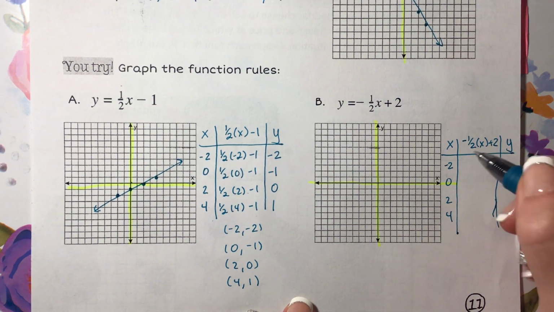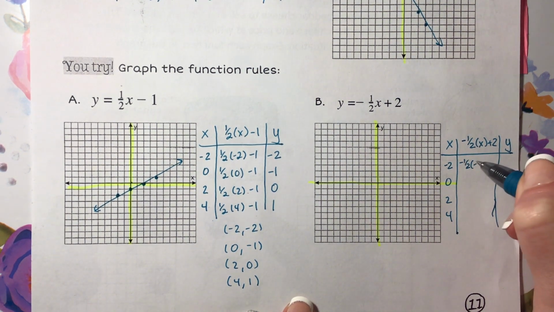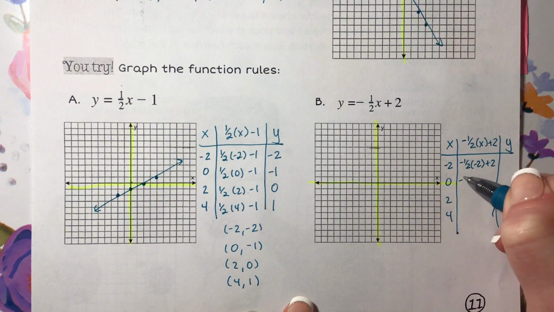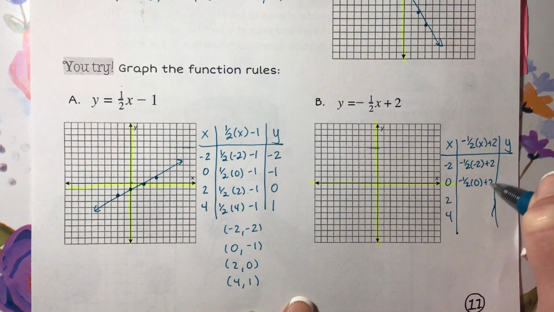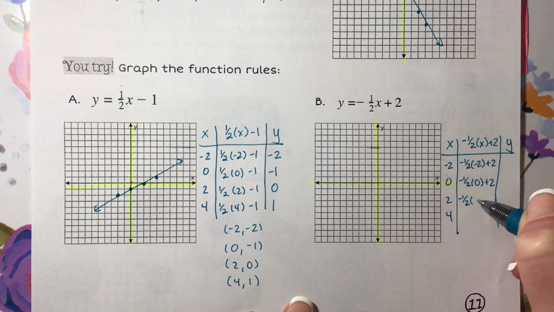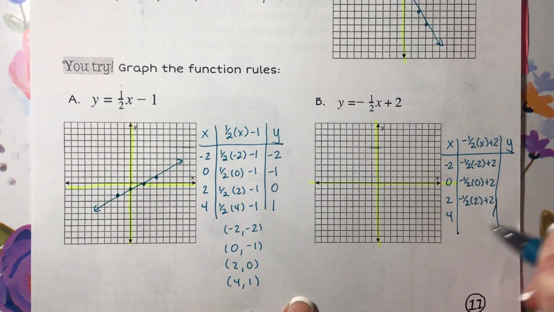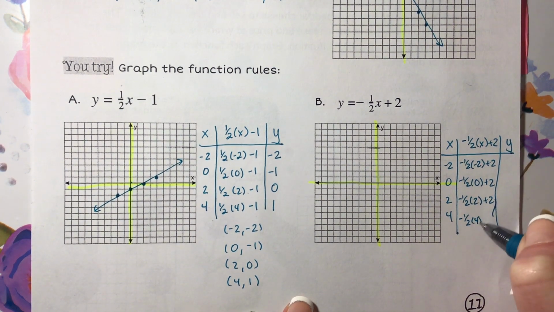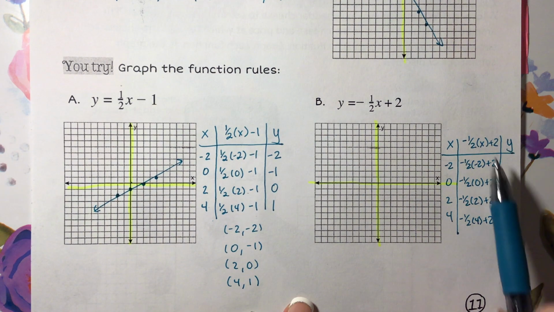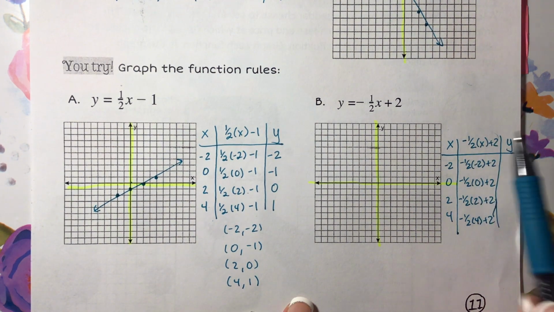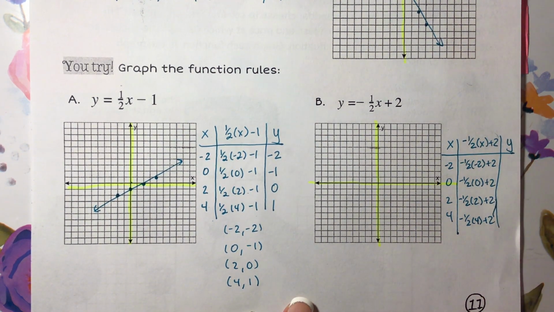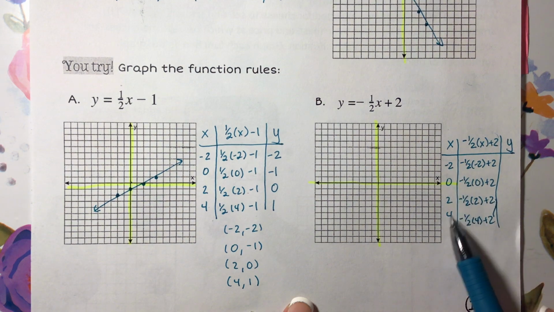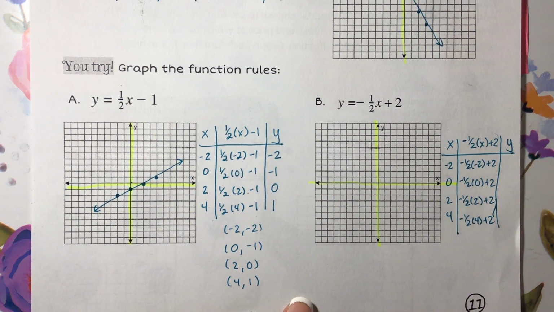That's more than fine. So I'm going to have -1/2 times -2 plus 2, -1/2 times 0 plus 2, -1/2 times 2 plus 2, -1/2 times 4 plus 2. All I did was I rewrote this expression up here over and over, but instead of x, I put in the value that I wanted x to be.